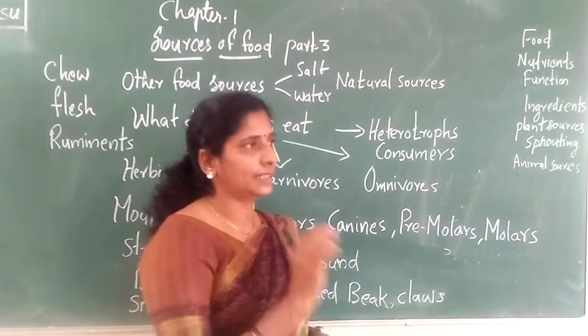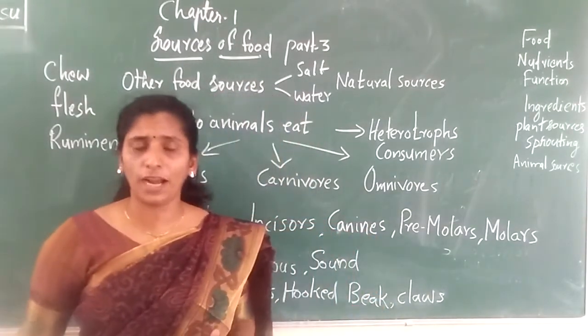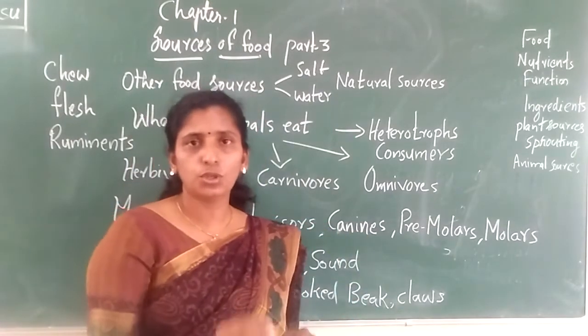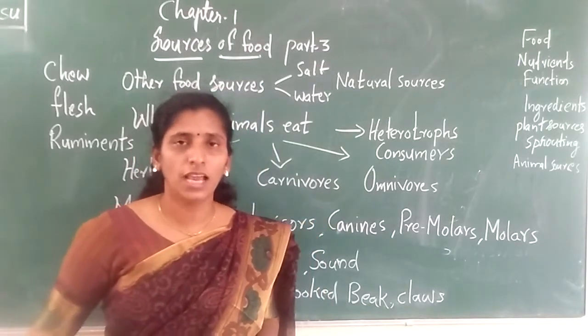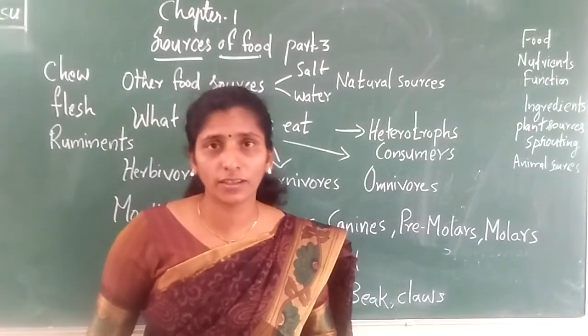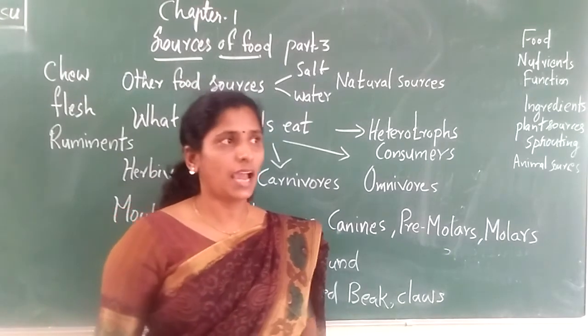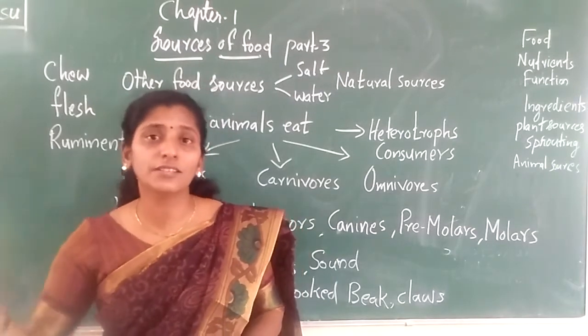And one more term is there. Somebody is getting something from others. For example, if you go to a shop and buy something, the shopkeeper is giving it to you. So you are called what? Have you heard about consumer court? We are the consumers, those who are buying things.